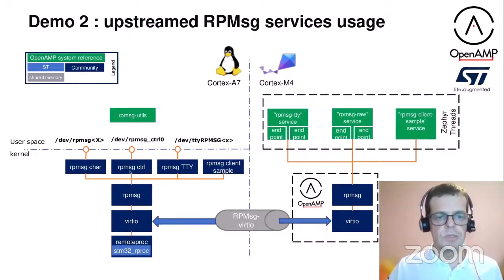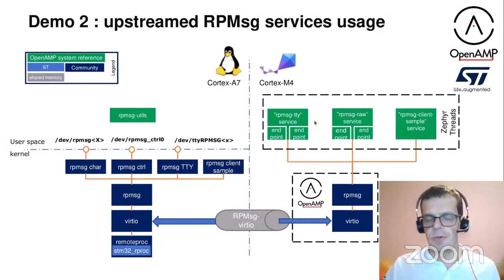The second one is the rpmsg control, which allows exposing some endpoints to applications, but it is also now able to start and release some rpmsg services on associated rpmsg devices. The rpmsg TTY implements the serial protocol over rpmsg, and the rpmsg client sample is a legacy sample that allows playing with the rpmsg protocol.